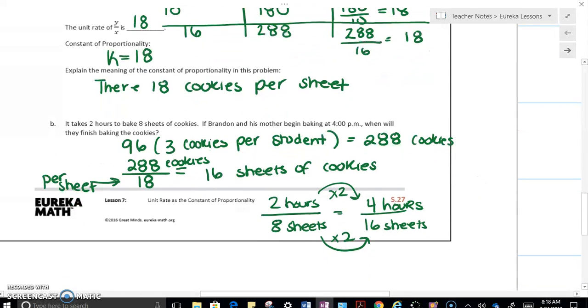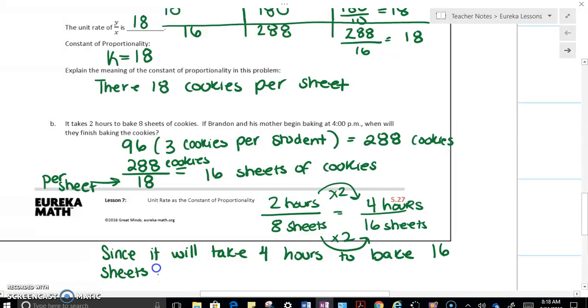So, they will finish baking cookies at 8:00 at night. Since it will take 4 hours to bake 16 sheets, they will finish at 8.